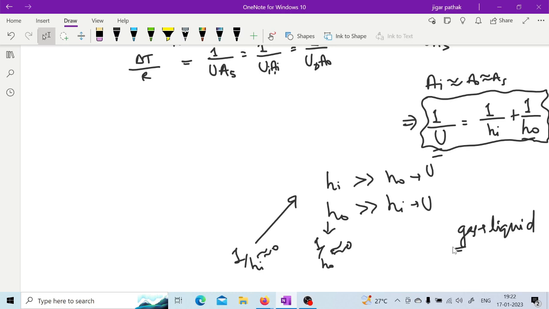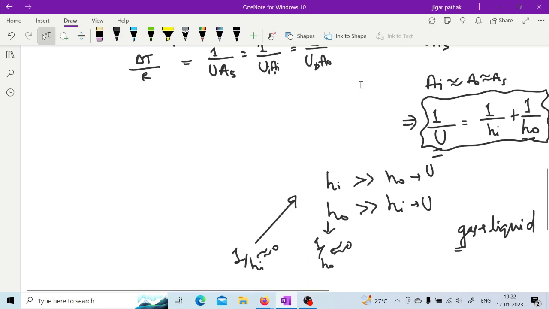We will see all this when we discuss numericals, right? So for now you can have this idea of how the overall heat transfer coefficient can be represented.